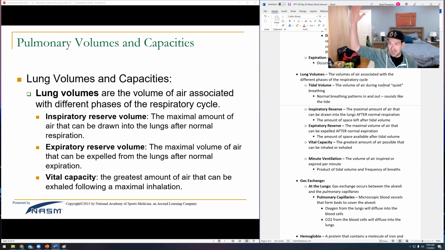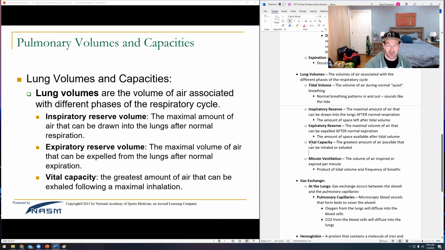That's the amount of space left for a breath in after tidal volume. And then there's your expiratory reserve. So you take a normal breath out, and then all of that's left over afterwards. That's the maximal amount that can be expelled after a normal breath out.